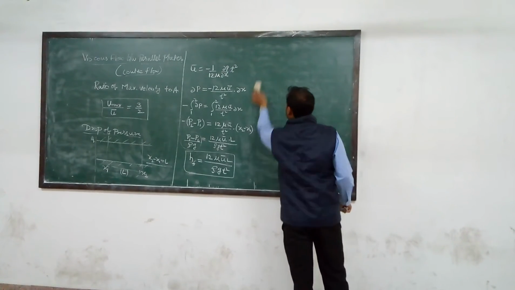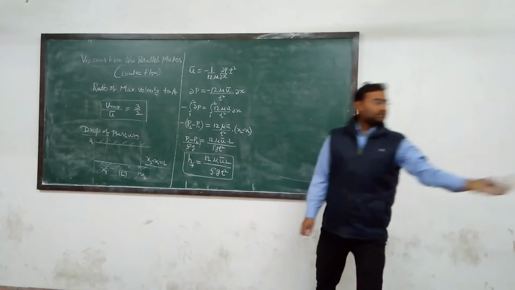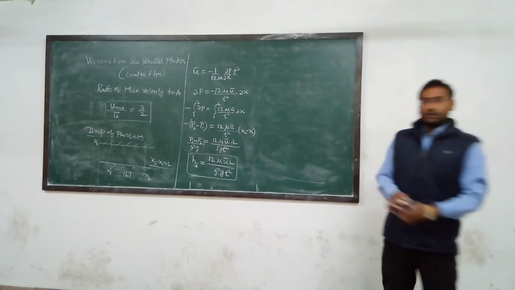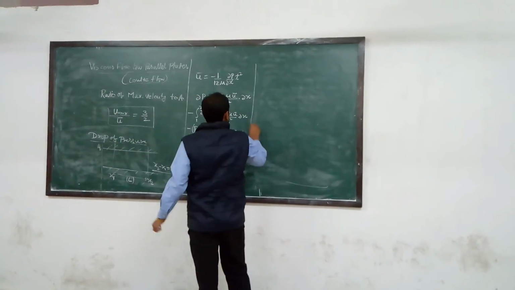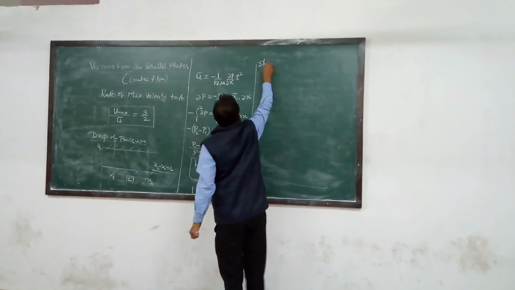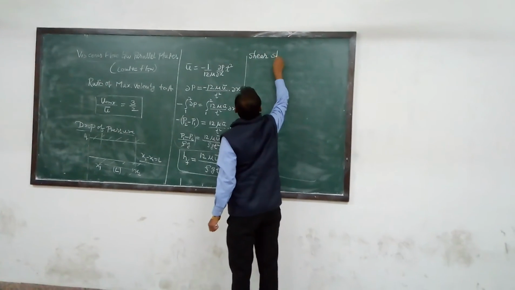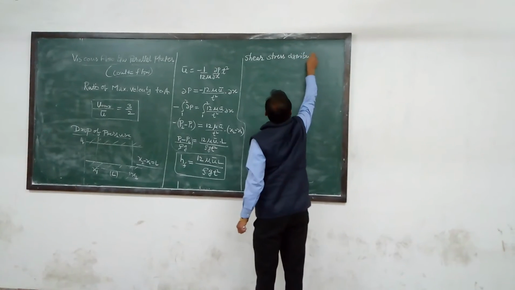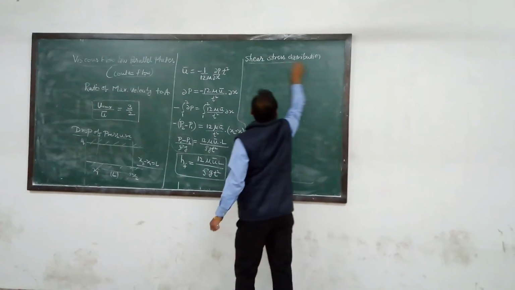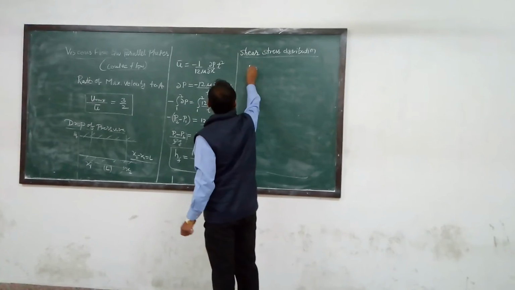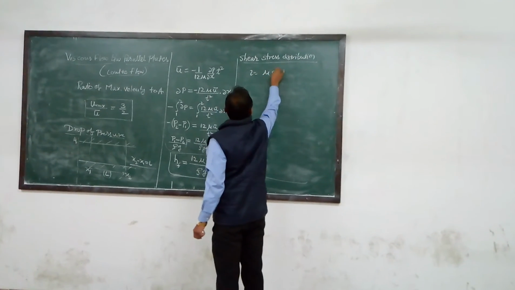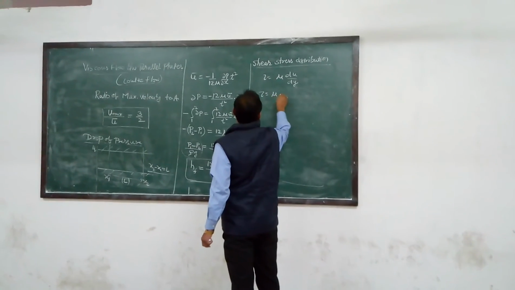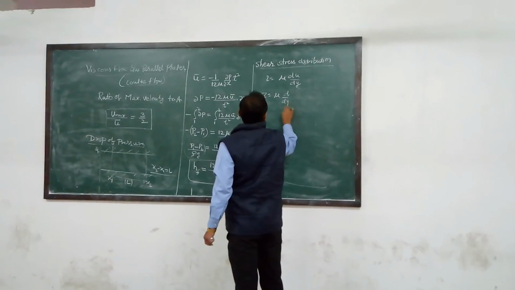So the shear stress distribution will be, we know that tau is equal to mu du over dy.